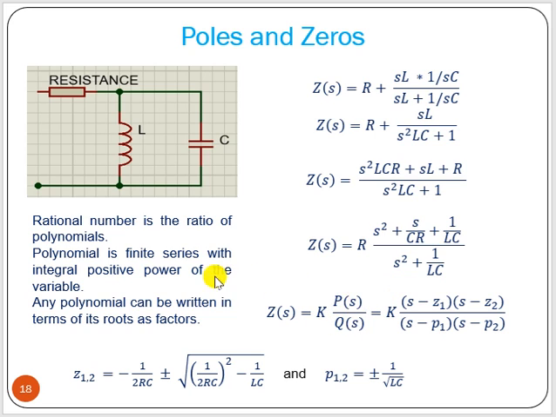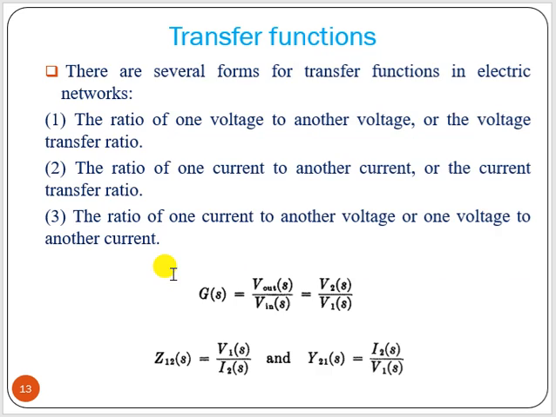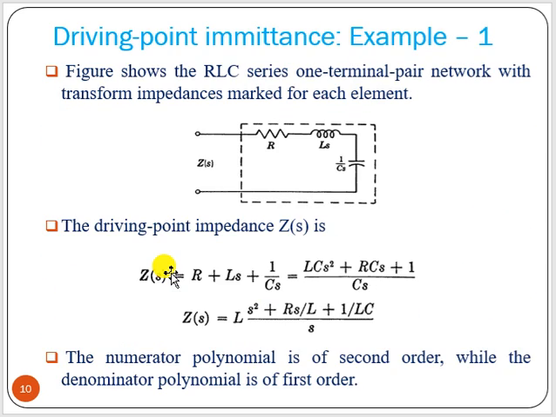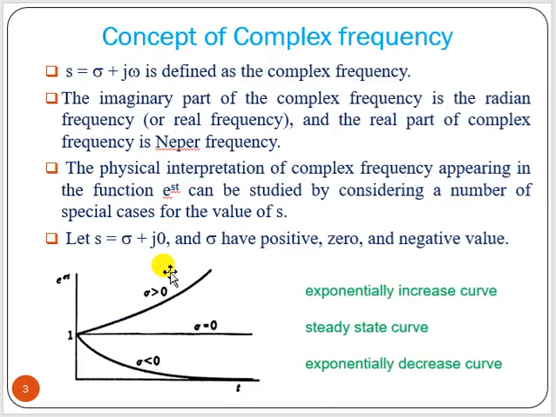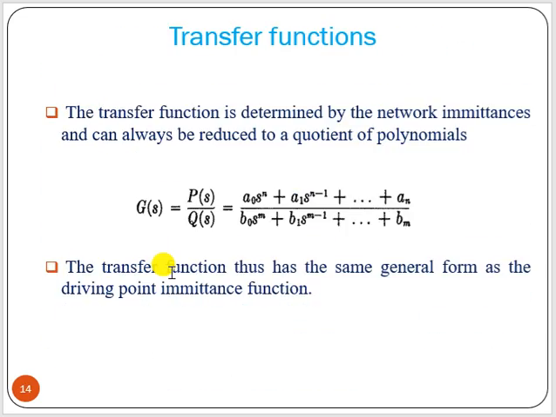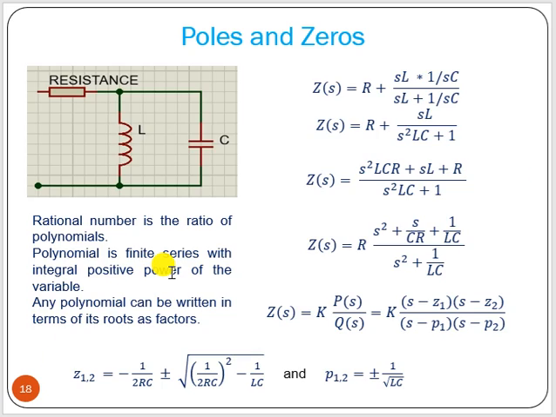A rational function is the ratio of two polynomials. A polynomial is a finite series with integral positive powers of the variable. So that is K P(s) by Q(s) we can write.